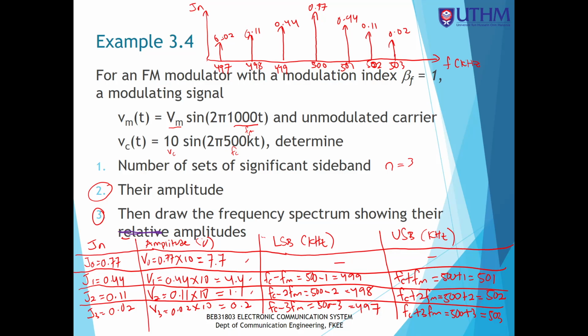That means you need to draw Vn versus F. If it is an amplitude, you need to plot the amplitude. So this is 7.7, this is 4.4, this is 1.1, this is 1.1, this is 0.2, and another one 0.2.